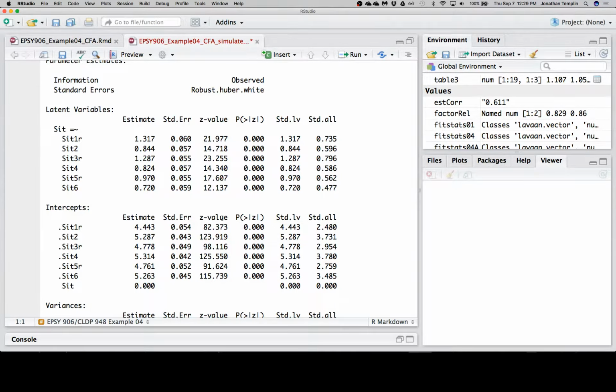So what is a unit? Well, we usually describe them as standard deviations, right? Sort of. Actually, no, these are raw units. The raw score of sit1r goes up 1.317 whatevers, in this case Likert points. 1 1/3 categories higher someone rates for every 1 unit more of the factor they have.